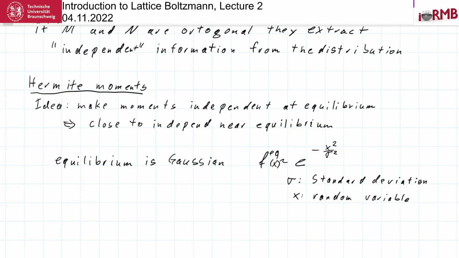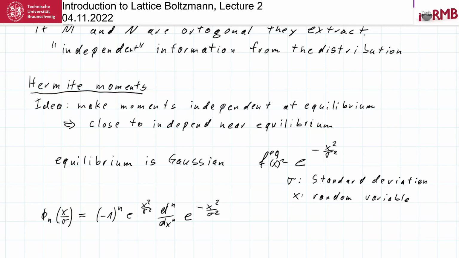And this is called Hermite moments because they're using Hermite polynomials as kernel functions. So the kernel function phi n of x and sigma, where n is the order, is minus 1 to the n, e to the power of x squared over sigma squared, and then comes the derivative d^n/dx^n of e to the minus x squared over sigma squared.